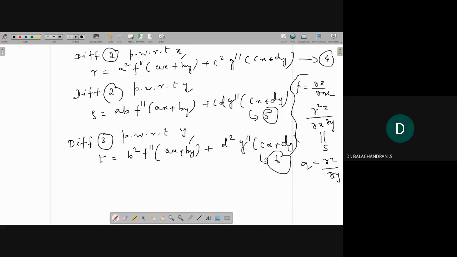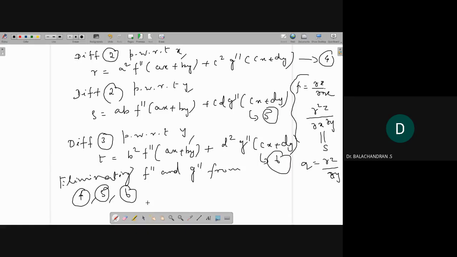So now we need to eliminate f double dash and g double dash from equations 4, 5, 6. Eliminating f double dash and g double dash from 4, 5, 6, we get.